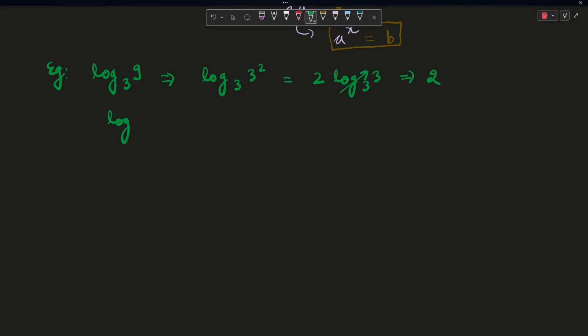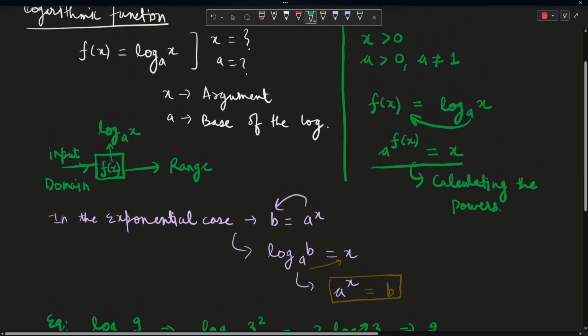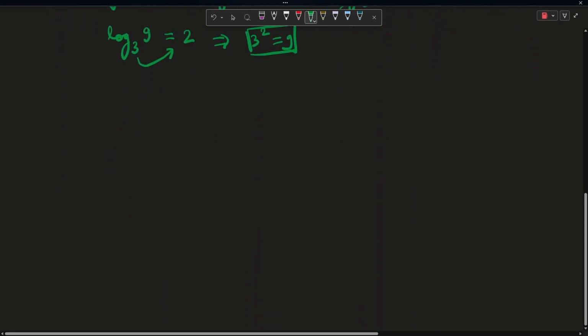That means log 9 to the base 3 comes out to be 2. And if you simplify it further by making the 3 go to the right hand side and 2 in the power, then it will become 3 squared is equal to 9, right? So this is a very normal example of log. You might know by now what it actually means, right?